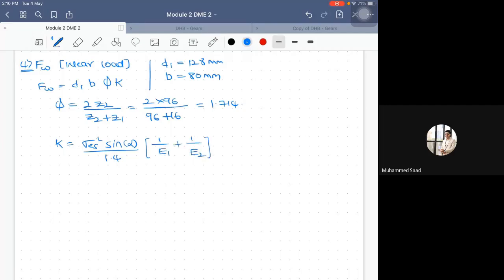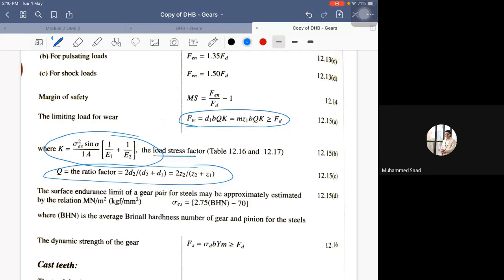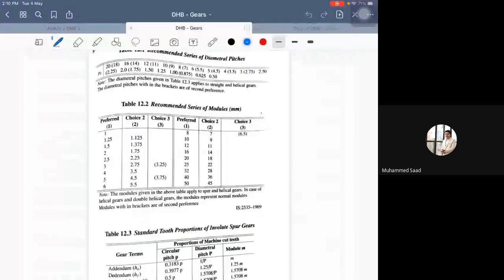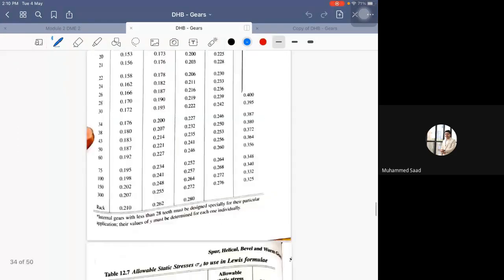If there is any mistake, just let me know. He has even mentioned table numbers 12.16 and 12.17 for this. So I'll go to those tables.